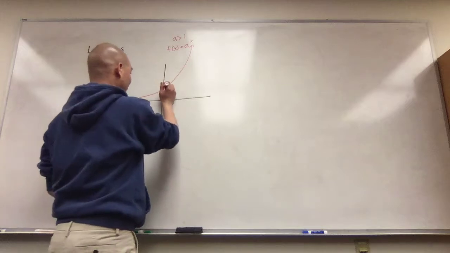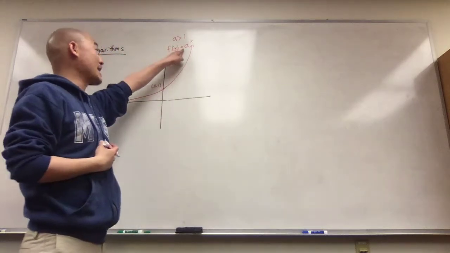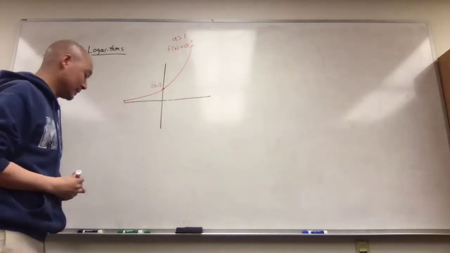And this point here is the point (0, 1), because whatever a is, when I raise it to the 0th power, I'm going to get 1 as the output.